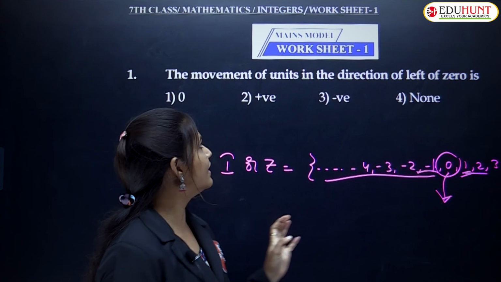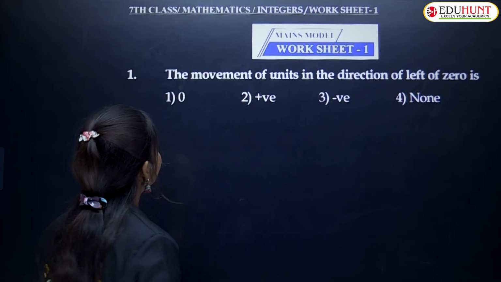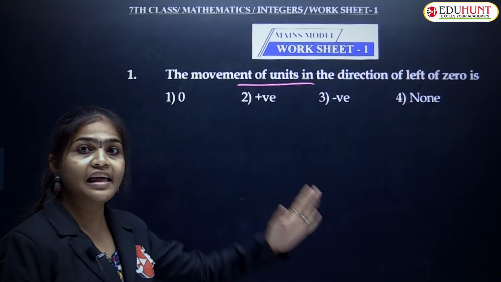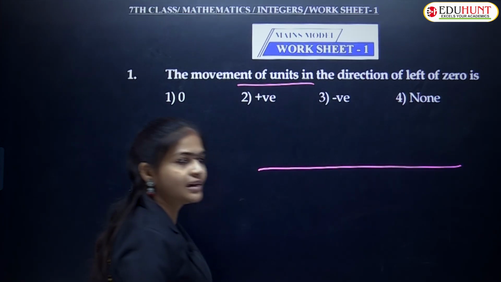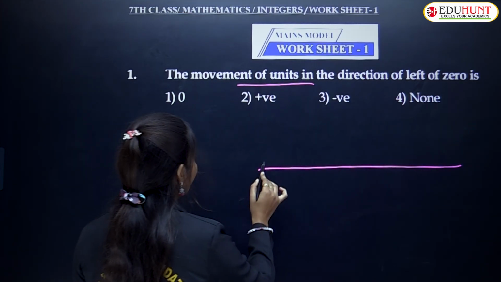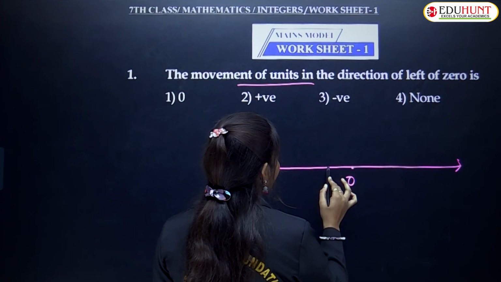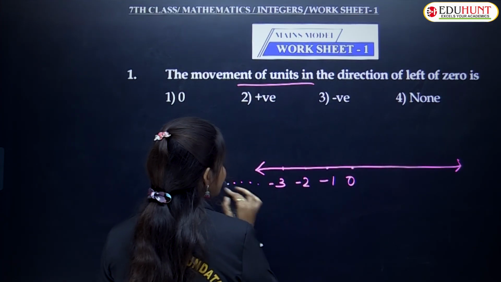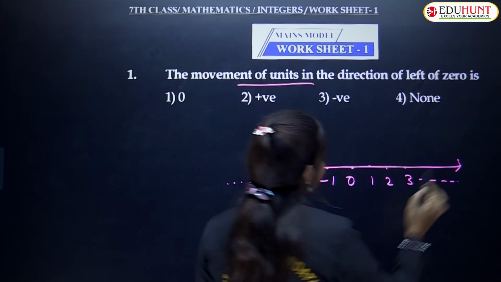Now let us see the worksheet 1 questions. What is the first question? The movement of units in the direction of left side of 0. Just now I wrote one of the sets, so here I'll draw the number line. This is 0, -1, -2, -3 and so on. This is 1, 2, 3 and so on.